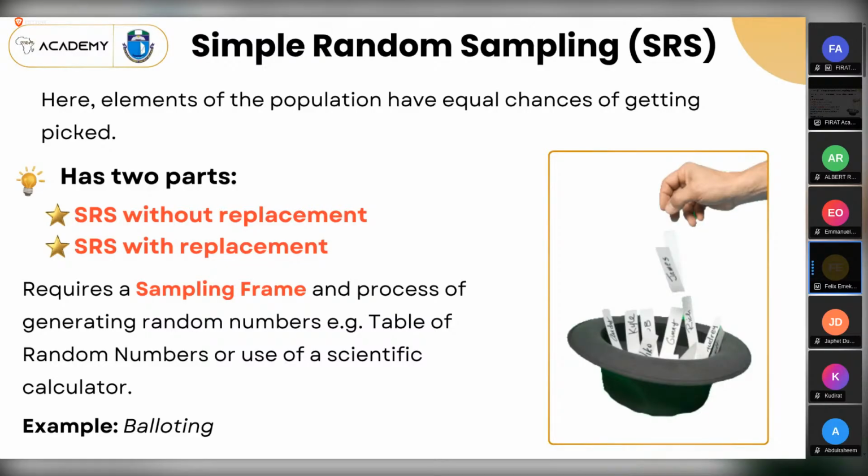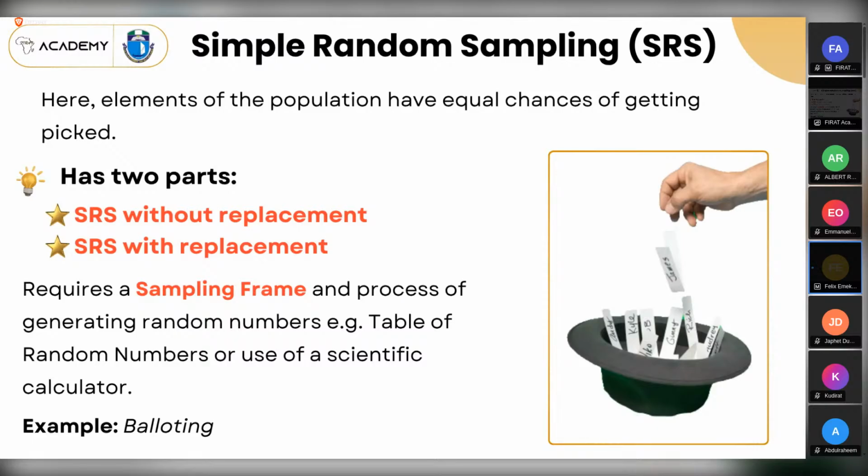Okay. However, you can do simple random sampling with replacement and simple random sampling without replacement. How does that work? In simple random sampling without replacement, you pick a participant from that bowl. Maybe you pick participant 10 and you call participant 10, and participant 10 just stepped out, maybe he or she went to ease themselves.